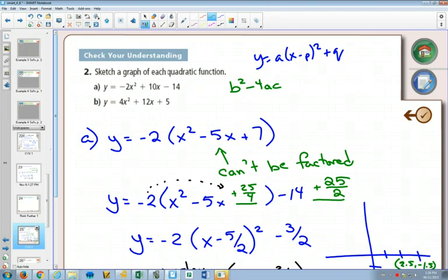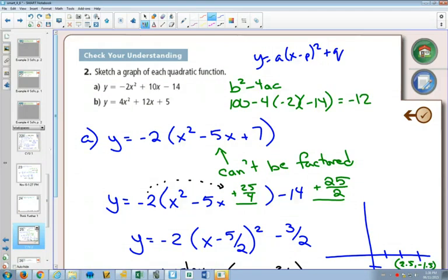But in our example here, we would get 100 minus 4 times negative 2 times negative 14, which will be 100 minus 112, negative 12, I think, in the end.